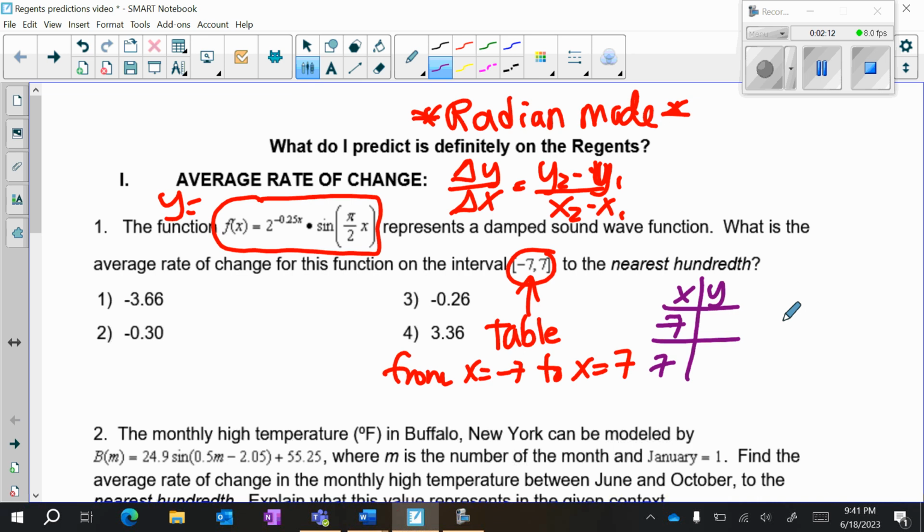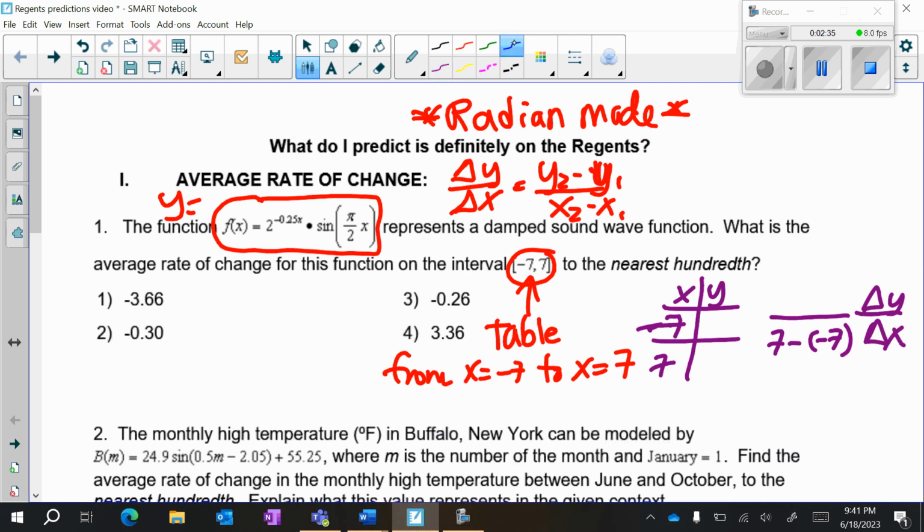And then you're going to do change in y over change in x, okay? So change in y, whatever that is in the calculator, and then the change in x, you're going to do 7 minus -7, okay? So once you do that and you get your answer, just make sure you have the change in y on the top of the fraction over change in x. And then you'll get your answer, and make sure you round appropriately.